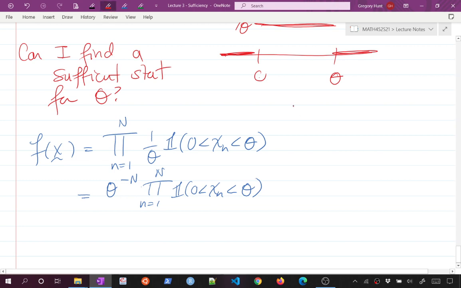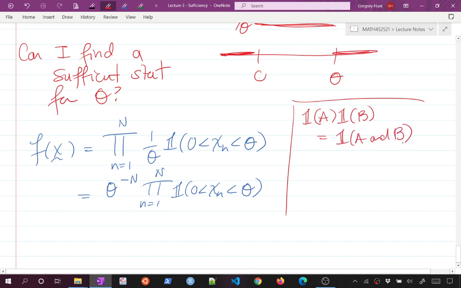Now, facts about indicator functions. The indicator of statement A times the indicator of statement B is exactly the indicator of A and B. Right? This thing is only 1 if A and B are both true. If either is false, the thing is 0. So the product of indicators is the logical and.